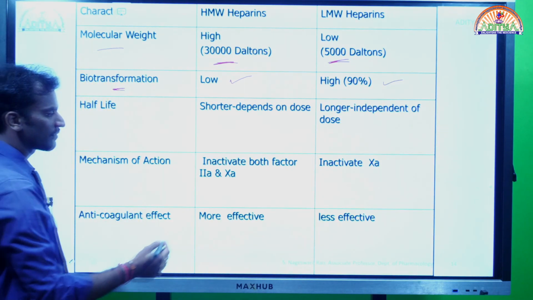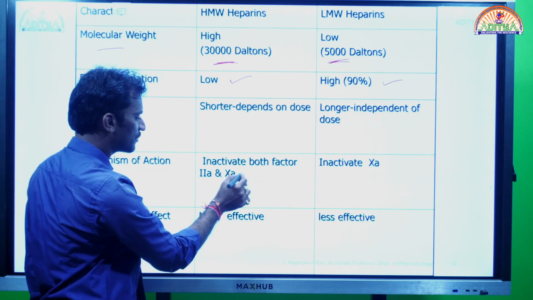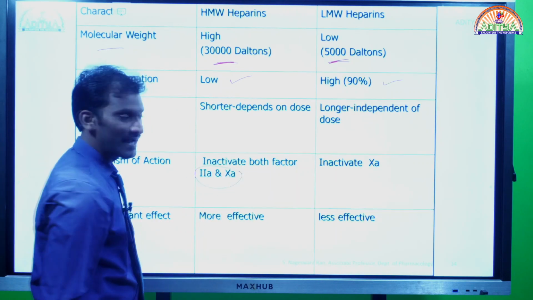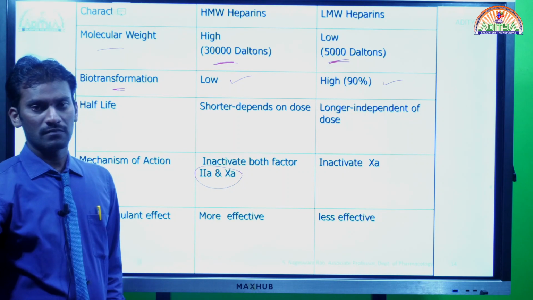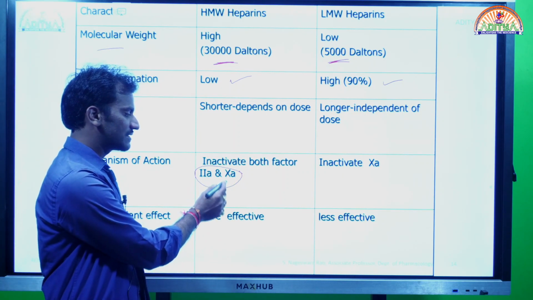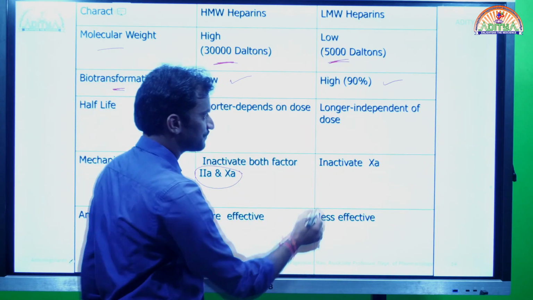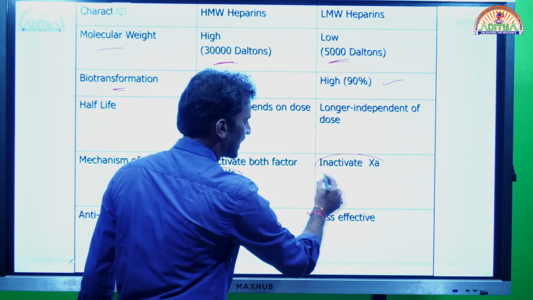Mechanism of action: high molecular weight heparins inactivate both factor 2A and 10A. They will neutralize factor 10A and 2A. But low molecular weight heparins can inactivate only 10A.